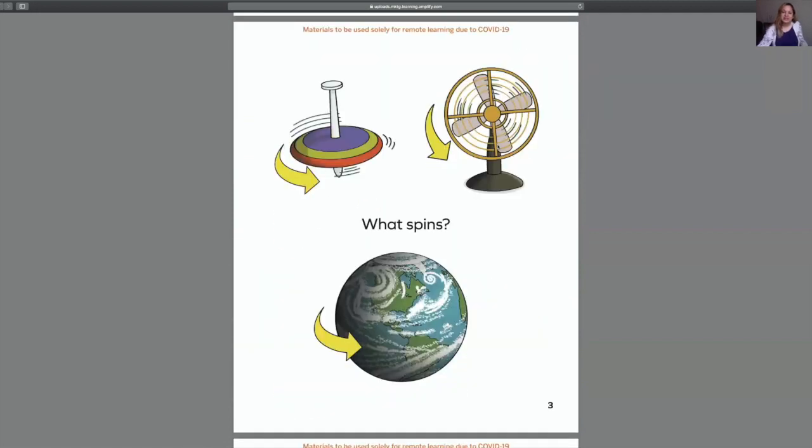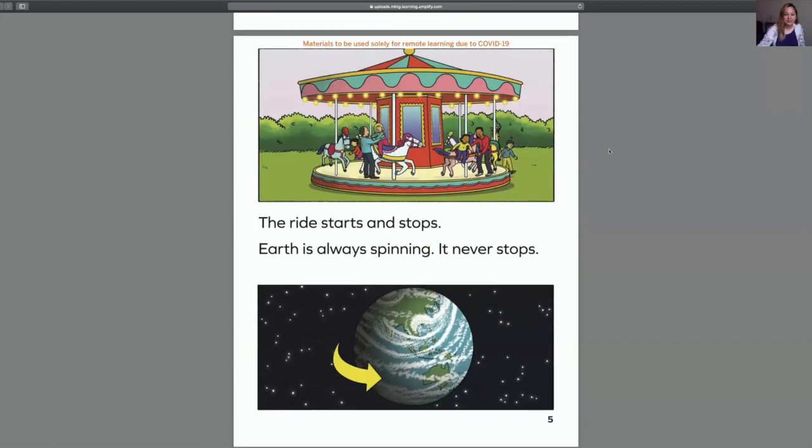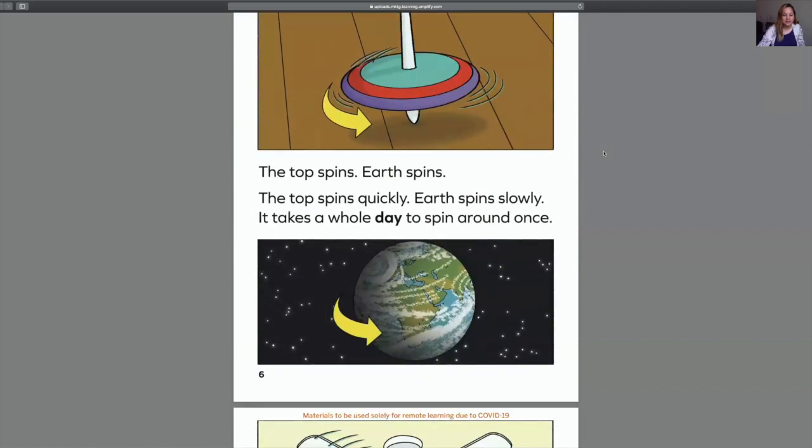What spins? The ride spins. Earth spins. The ride starts and stops. Earth is always spinning. It never stops. The top spins.